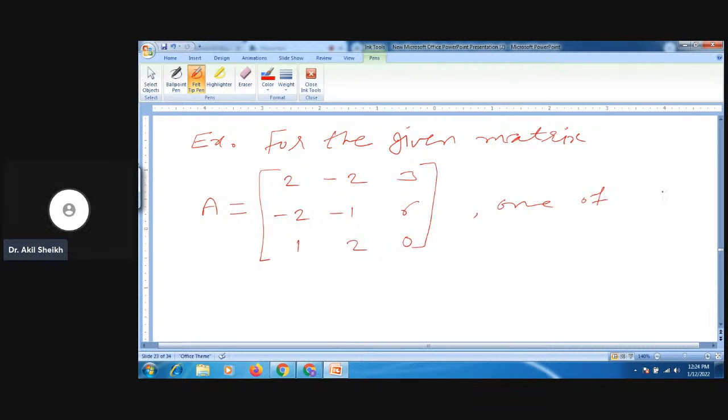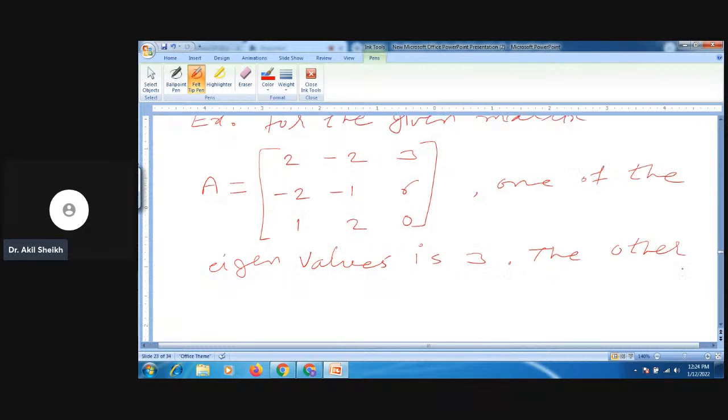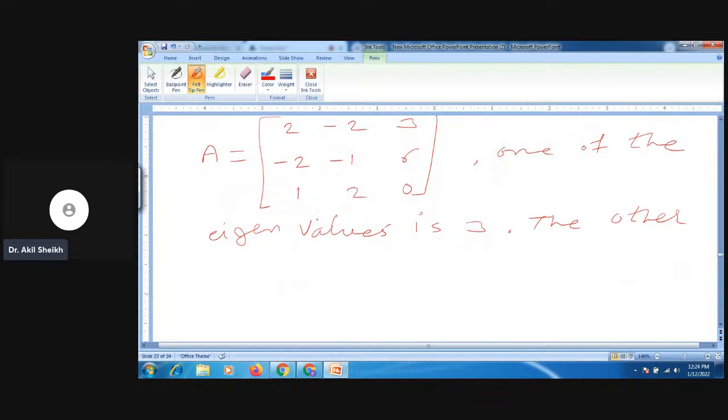One of the eigenvalues is 3, then the other two eigenvalues are.